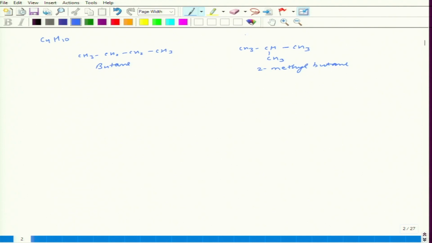Now, if you notice the molecular formula, what is common between these two? The molecular formula is the same, that is C4H10. What's the difference? The structure is different.